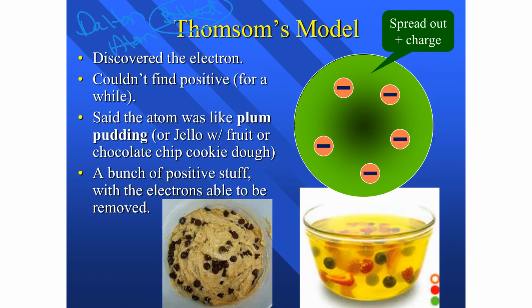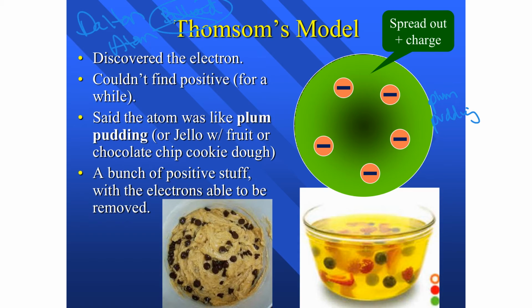And J.J. said, no, I think it looks like plum pudding. Good old J.J. Thomson was from England, and English people like this stuff called plum pudding that is like a pudding, but it has raisins in it. And so that's what he described.